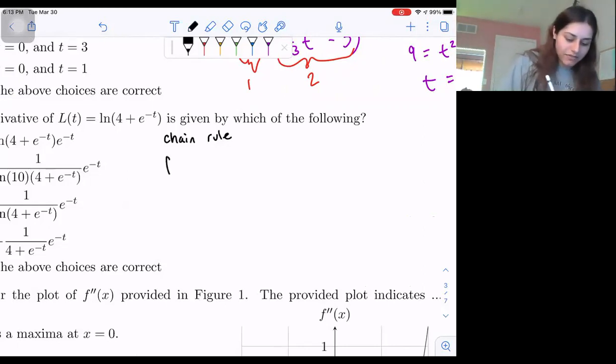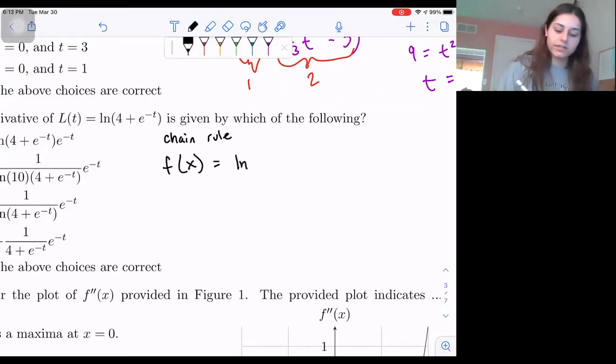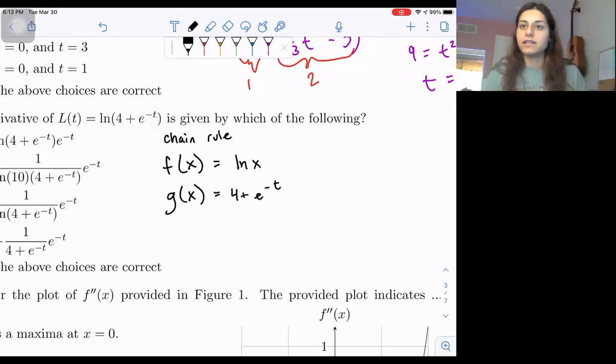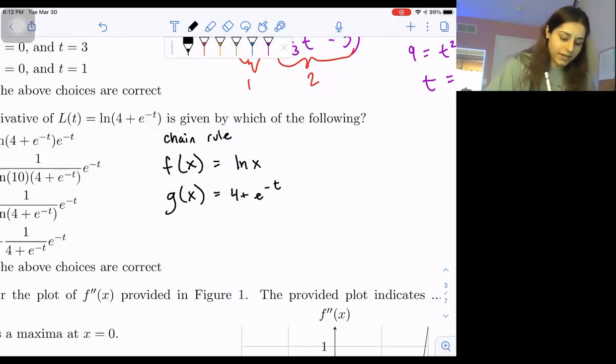So f of x is your outside, and that's natural log of x. And then g of x is the insides, and that's 4 plus e to the power of -t. So we're kind of saying g of x equals that x right here.